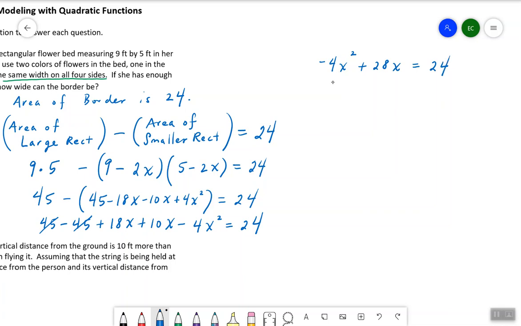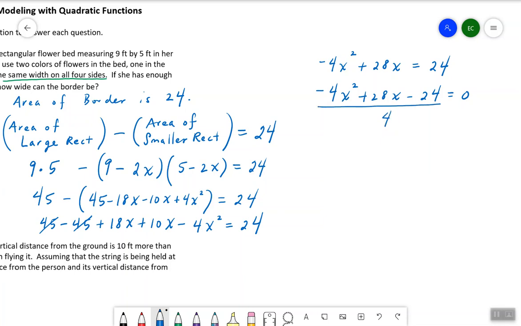And so now things are looking a little better. We can go ahead and set our equation equal to 0 and try to factor it. Minus 4x squared plus 28x minus 24 is equal to 0. And then notice two things. Notice each of the constants here is a multiple of 4, and so we could divide through by 4.